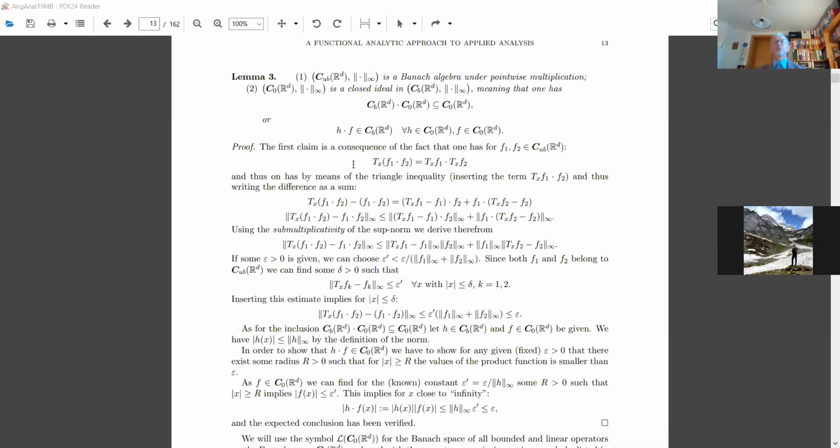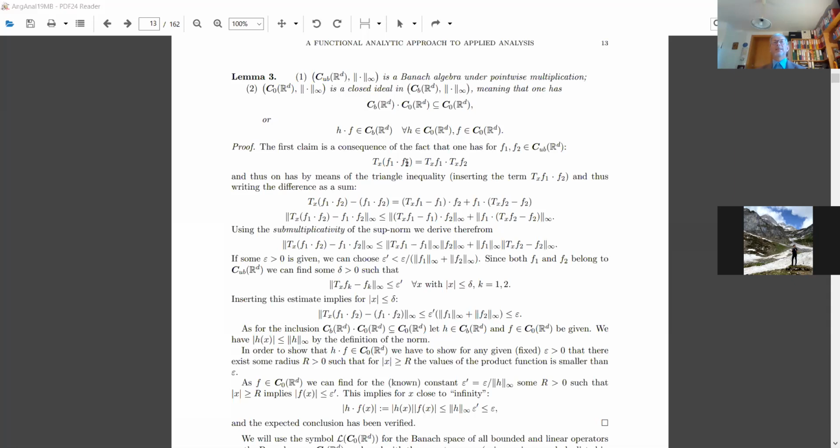If you shift the product function f1 with f2 by the amount x, you can of course do the same by shifting first f1, separately shifting f2, and then doing a multiplication. Okay, so if somebody wants to know, given two uniformly bounded continuous functions f1 and f2, is the product also uniformly continuous?